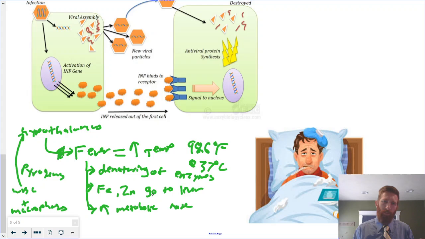If that's the case, you go to the hospital and they try to cool you down, give you fever reducers, things like that. Iron and zinc go to the liver, and the fever increases the metabolic rate, all because these white blood cells, these macrophages, encountered a pathogen and are trying to deal with it.